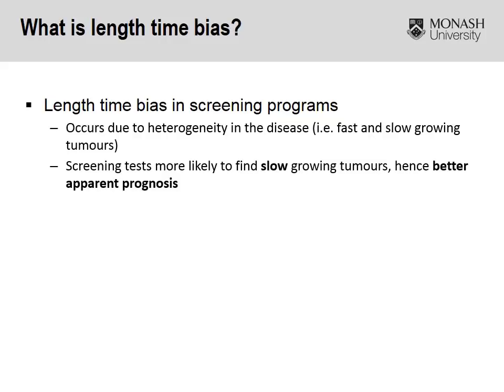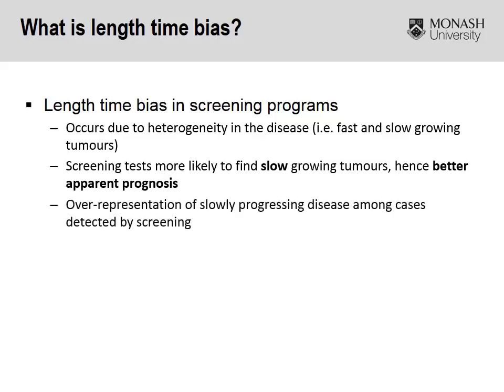And so you're picking it up at an early stage, one that may not have become aggressive down the track, so you're providing a better prognosis. So really the issue that we find with length time bias is that we get this overrepresentation of slowly progressing disease amongst the population that's been screened.